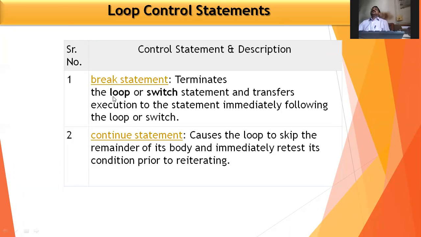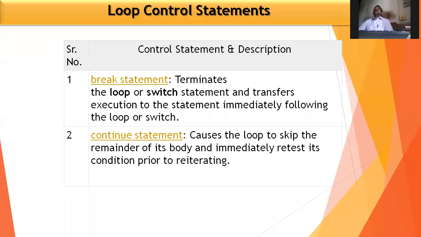So this is also a control word which is used for breaking statements. Okay. The next is the continue statement. The continue statement will cause the loop to skip the remainder of its body and immediately retest its condition prior to reiterating.